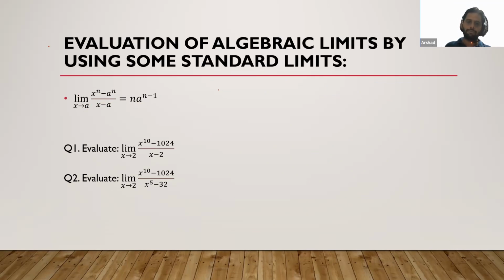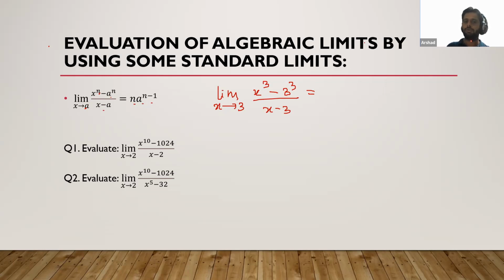For example, if you take a question, limit x tends to 3, x cube minus 3 cube by x minus 3. So what will be the answer? Compare with this. If you have x tends to a, x to the power n minus a to the power n by x minus a, this is equal to n a to the power n minus 1.